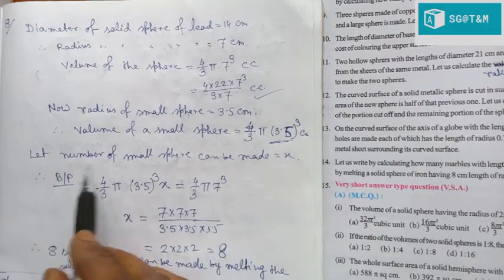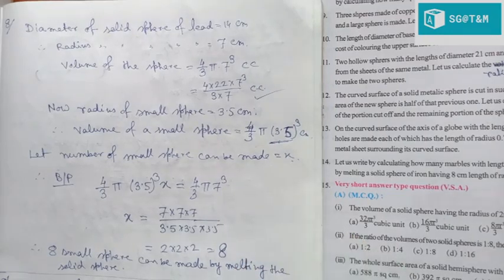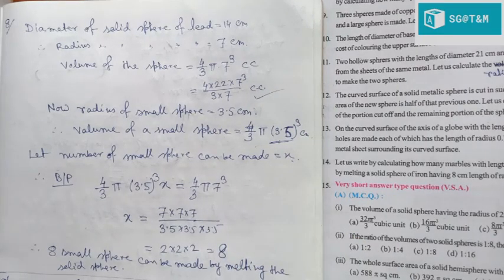Now let the number of small spheres that can be made be x. Obviously, the volume of x spheres is equal to the volume of the large sphere.